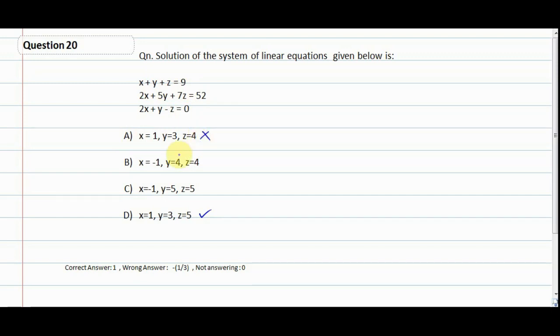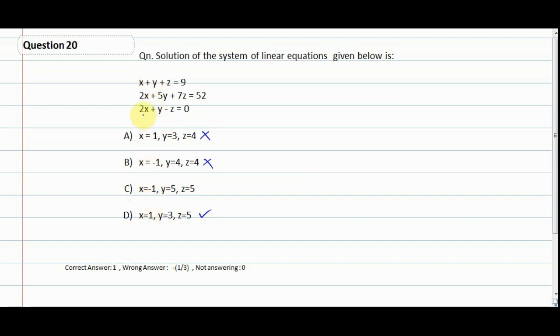Similar is the case with B. When we add all three, we get minus 1 plus 4 plus 4, which is 7, not 9. So option B also cannot be the right answer. But options C and D satisfy equation number 1, so one among these two can be the answer.